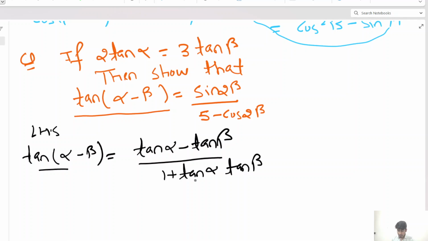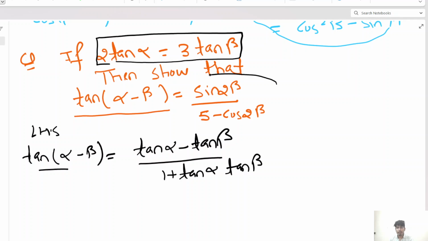Here we change everything in beta because the RHS is wholly in beta, so we remove alpha. Then what is the value of tan alpha here? 3 by 2 tan beta.